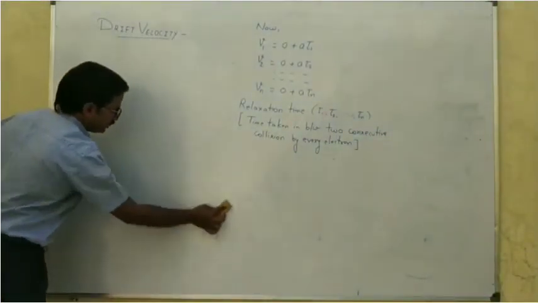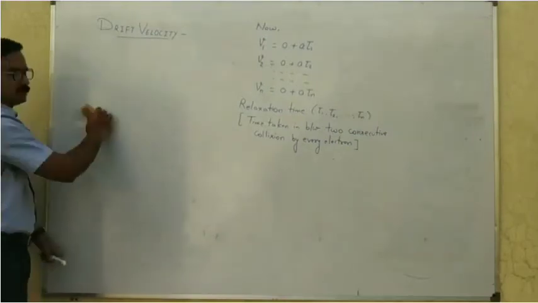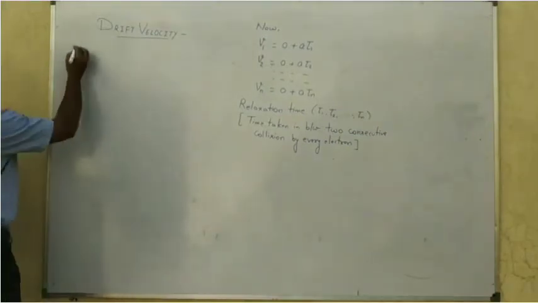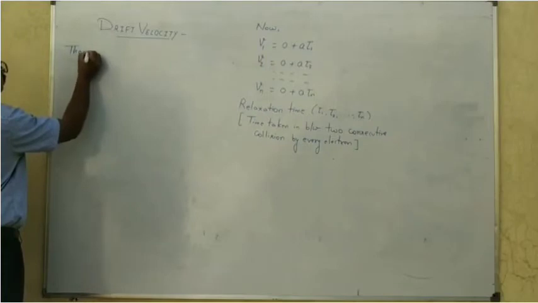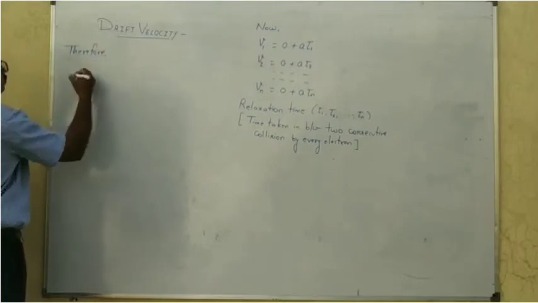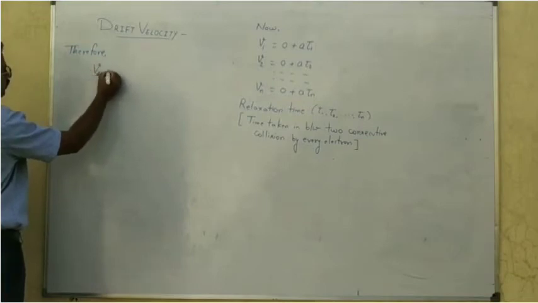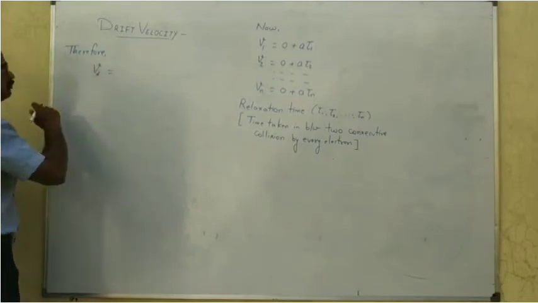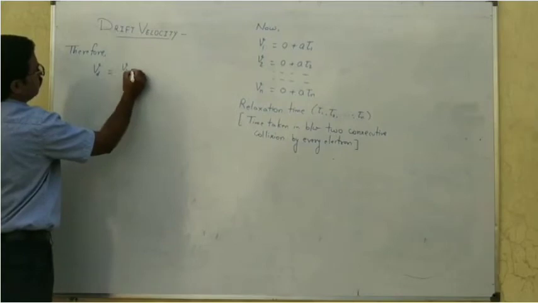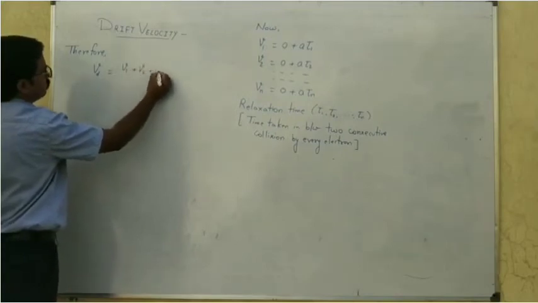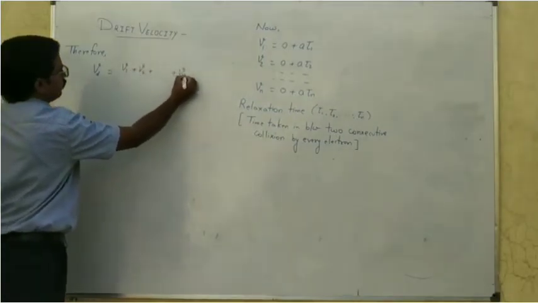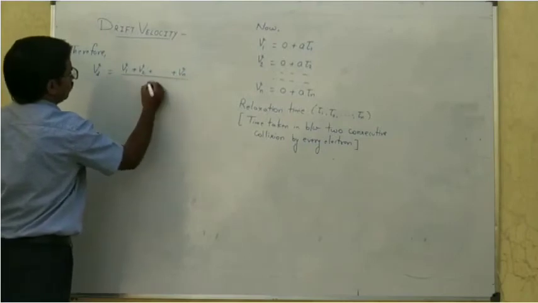Therefore, drift velocity Vd or average velocity, we can write V1 plus V2, and so on. Simply we will add all these velocities and divide by the number.